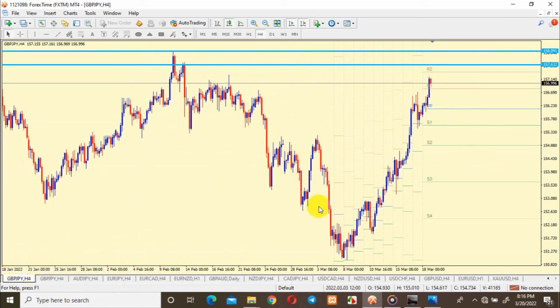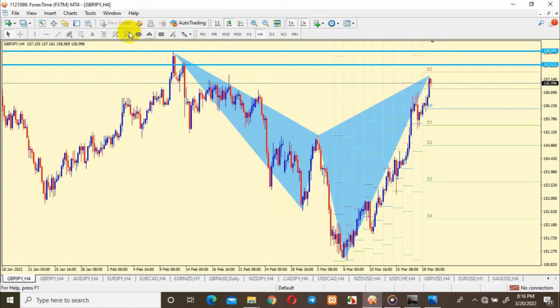Now, if you look at this, we have price that moves. So which type of harmonic pattern is this? This is a cipher pattern. For those of you that don't know harmonic, I see a cipher pattern building up.